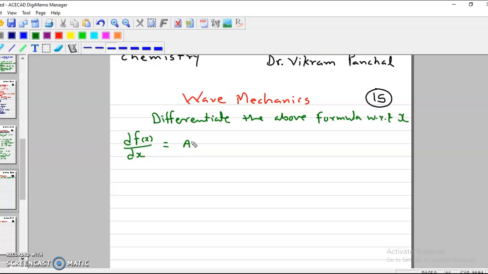The differentiation of sine becomes cos, so it is a cos. Omega t is constant, so it remains as it is.